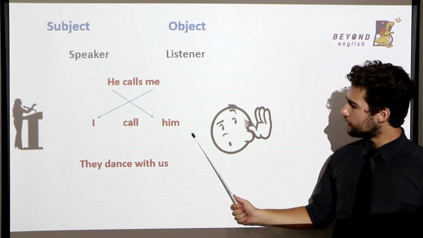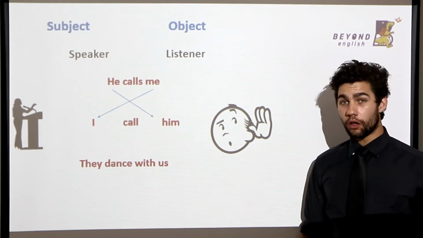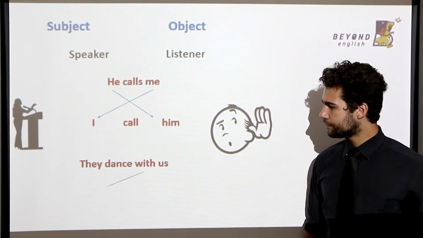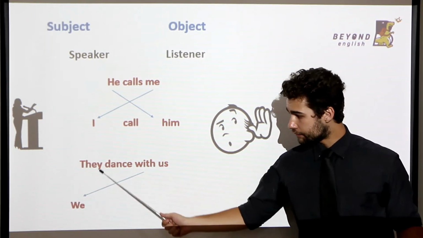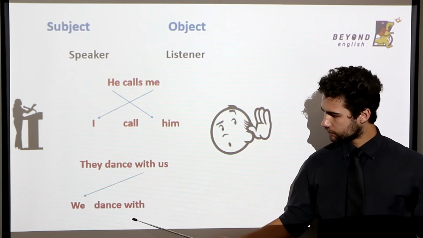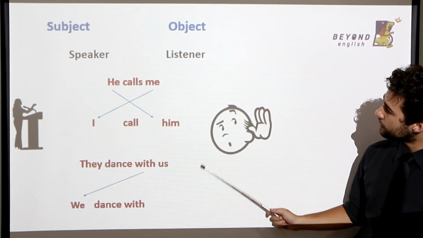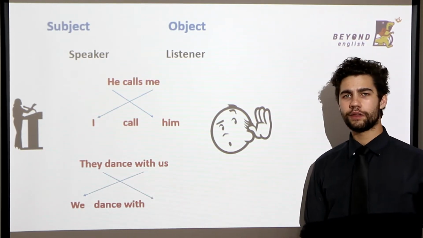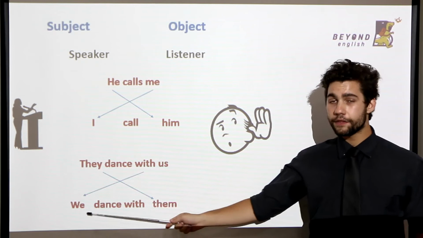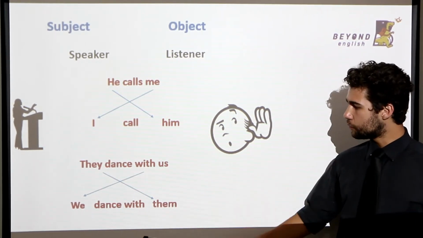So, if we want us to become the speaker, we always change it to we. Then we bring our verb down and they, when it becomes the listener, changes to them. And the sentence becomes, we dance with them.